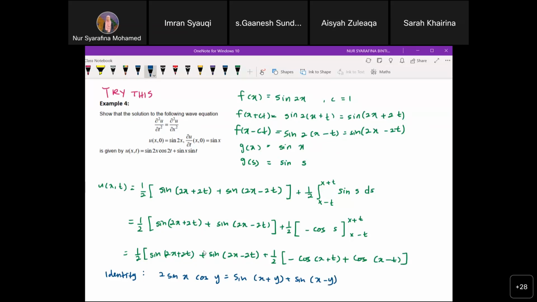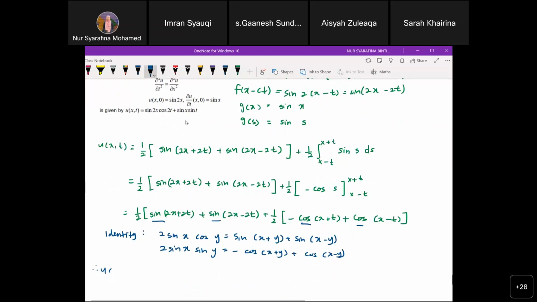And this one is for sine and cosine. Then we have cos here, so 2 sine x sine y equals to negative cos x plus y plus cos x minus y. So substitute here. So this is half, so just put this half divided by 2.